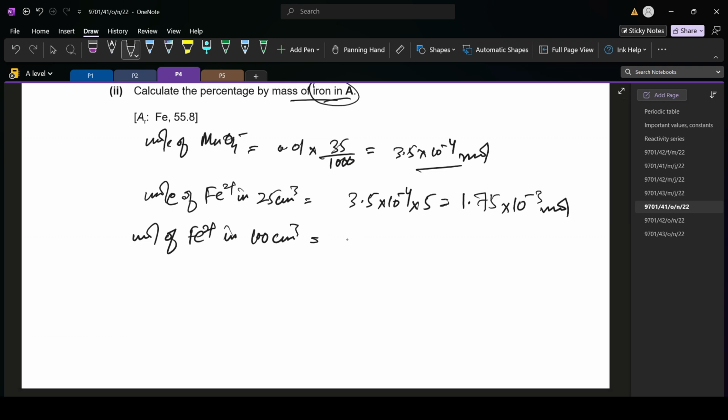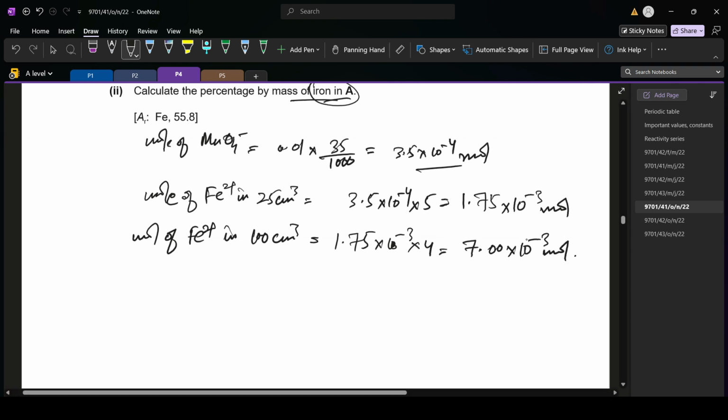You will multiply by 4. 1.75 × 10^-3 multiplied by 4. So this will be 7.00 × 10^-3 moles.